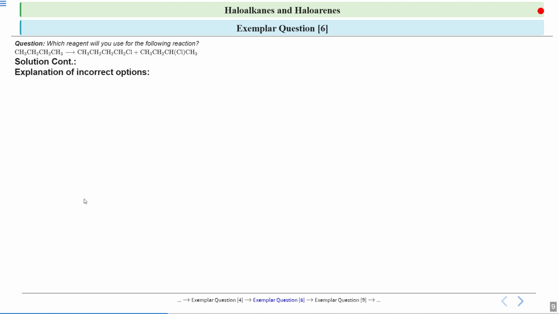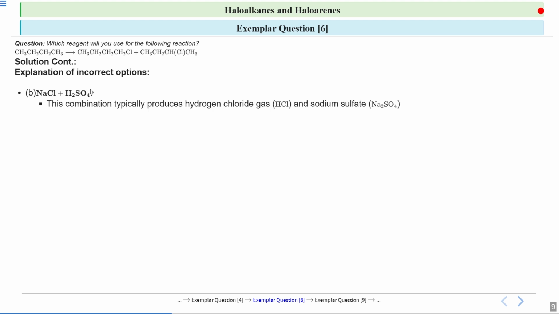So now let's see the explanation of the incorrect options, that is, why we didn't choose the other options as the correct reagent. We have only chosen the chlorine molecule in the presence of UV light, not the other ones. Why? Option B was sodium chloride plus sulfuric acid. This is not the correct reagent because this combination typically produces hydrogen chloride gas and sodium sulfate.